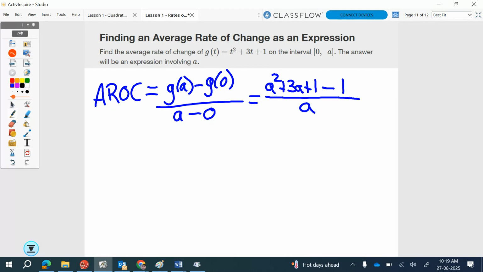This is therefore over a. 1 minus 1, they cancel, and we are left with a squared plus 3a over a. Next we can simplify. This a cancels these ones. We're left with the answer of a plus 3.